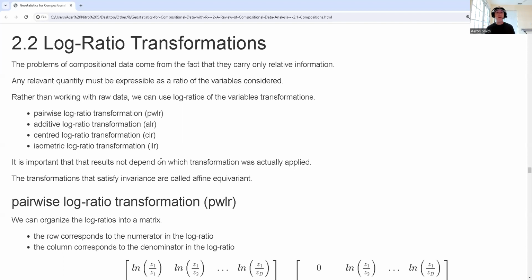And so if I get different results for different transformations, I probably can't trust it. That's a good indication to back off and reevaluate the situation. The transformations that satisfy the invariance are called affine equivalent transformations.